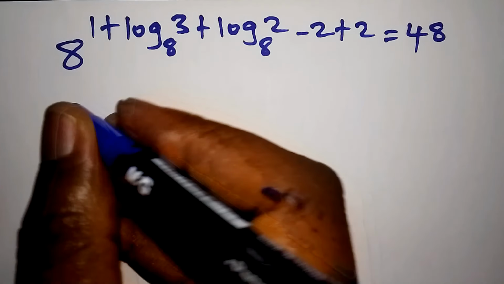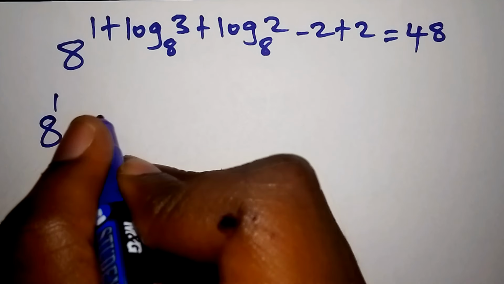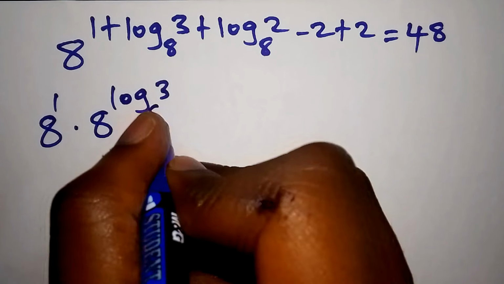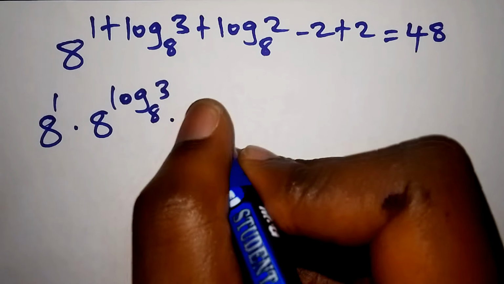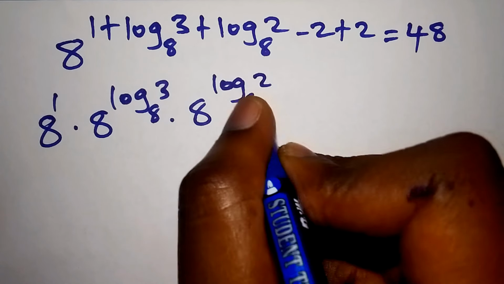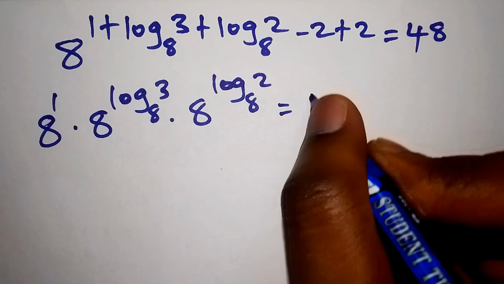We write this as 8 to the power of 1, where plus means multiplication, times 8 to the log of 3 to the base of 8, times 8 to the log of 2 to the base of 8, then minus 2 plus 2 is 0, is equal to 48.